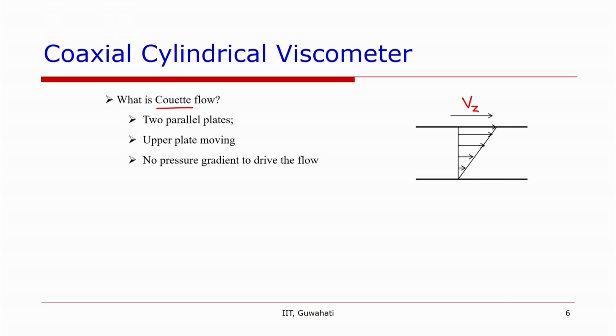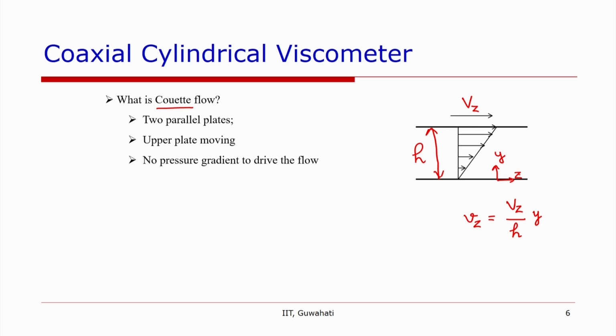After Couette flow. In such a case, one can show that if the distance between the plates is h, and this coordinate is z and this coordinate is y, let us say, then the velocity profile Vz will be equal to capital Vz, which is the velocity of the upper plate, divided by h, into y.